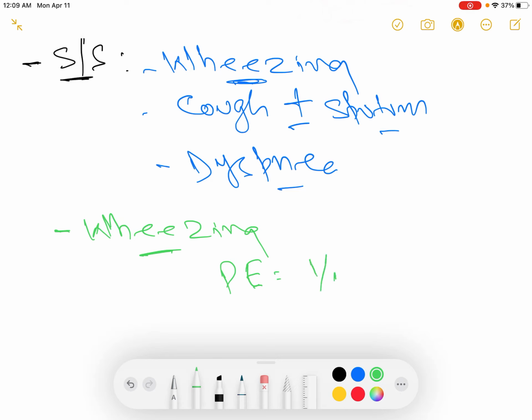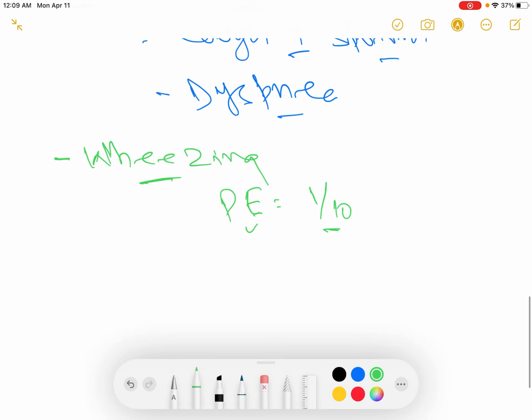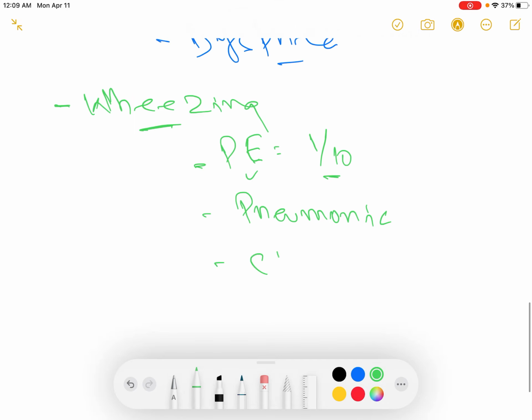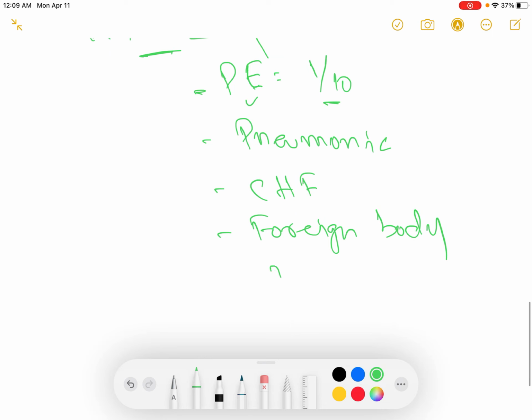Roughly 1 out of every 10 patients with PE will have some sort of wheezing, and usually this wheezing is focal, maybe one side of the lung. Another condition that can have wheezing is pneumonia. CHF can have wheezing. Foreign body ingestion can have wheezing. Just so you know, it's very important to know these things.